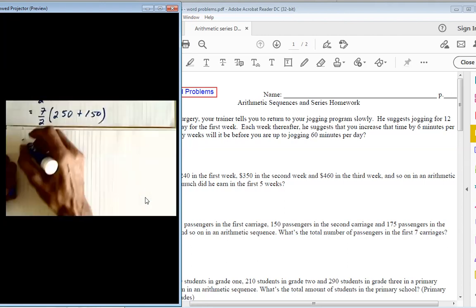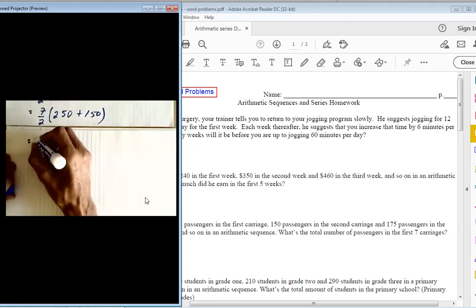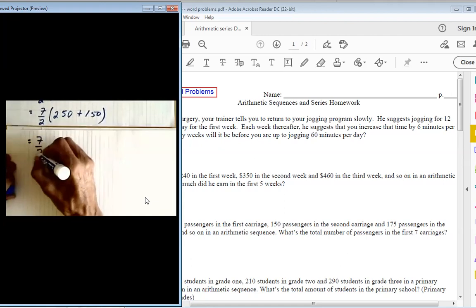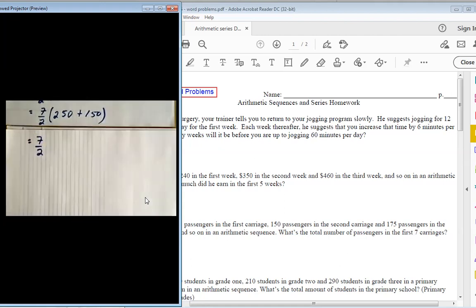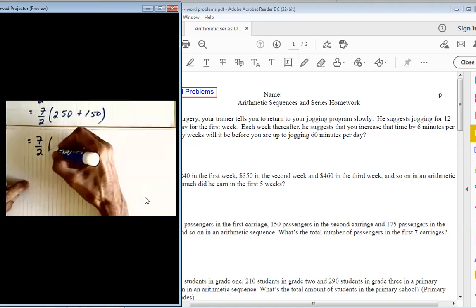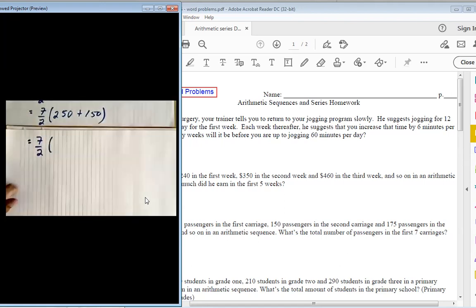The inside works out to be 250 plus 150. How much is that? Sorry, Zoom, I didn't hear you. 400. 400 indeed.